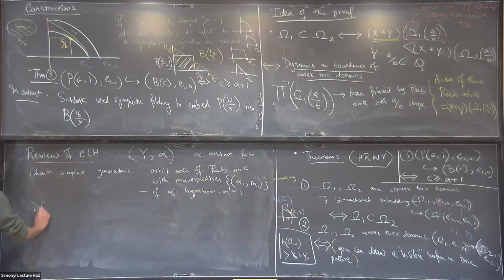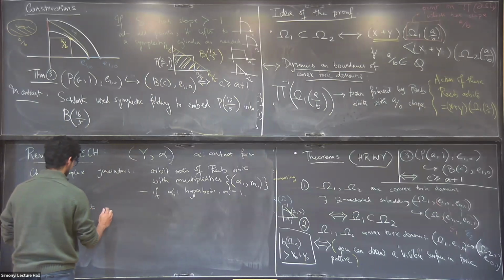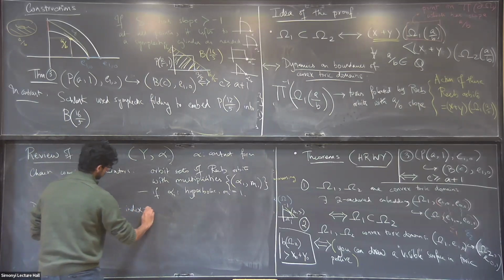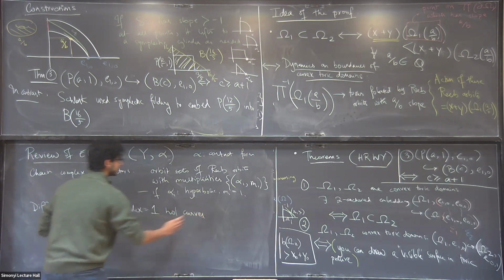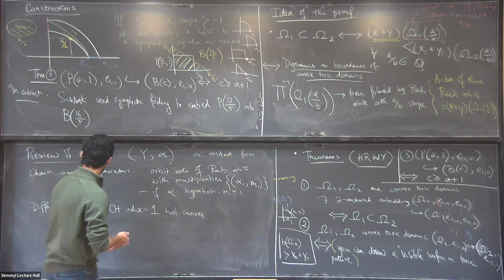And the differential counts ECH index 1 holomorphic curves. This implies that there is a relative grading on the ECH chain complex given by this.